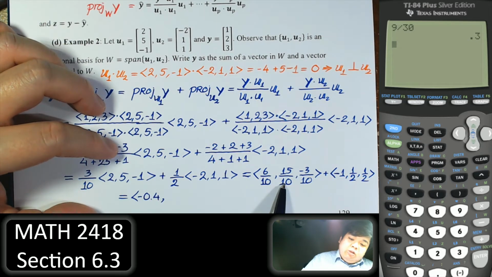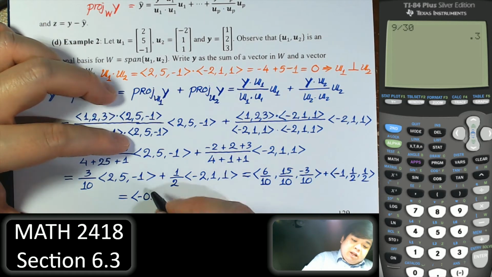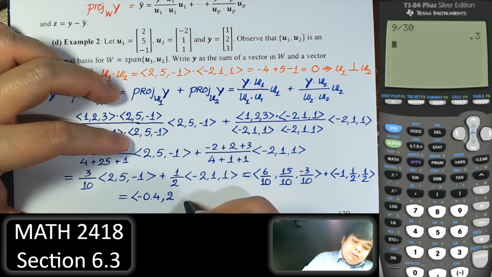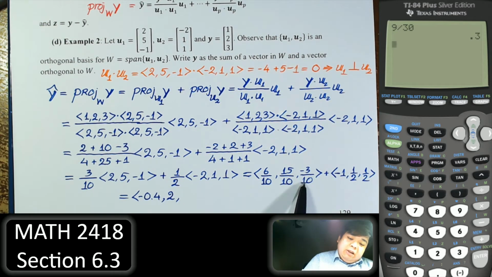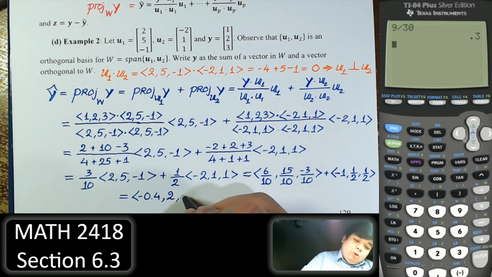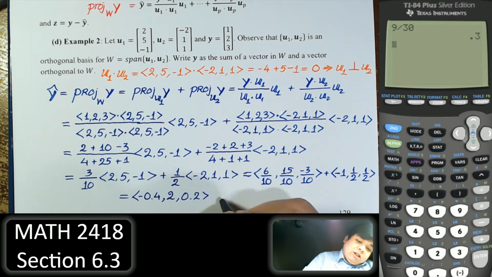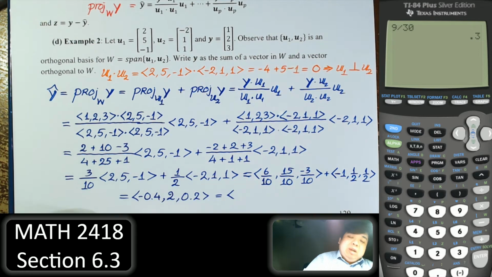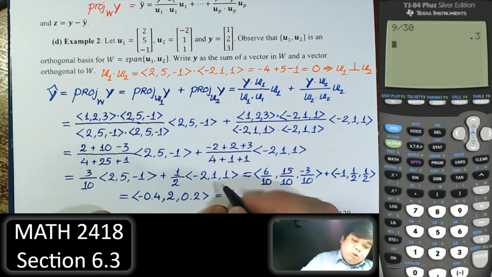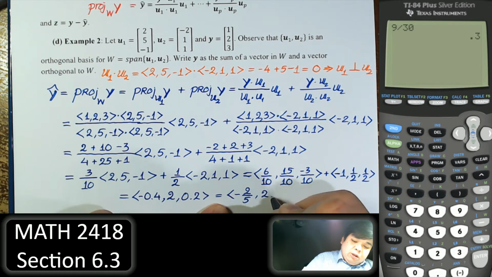That is 1.5 plus 1/2, that will be 2. And then negative 0.3 plus 0.5, that's 0.2. If we don't want decimals, that will be negative 2/5, 2, and 1/5.